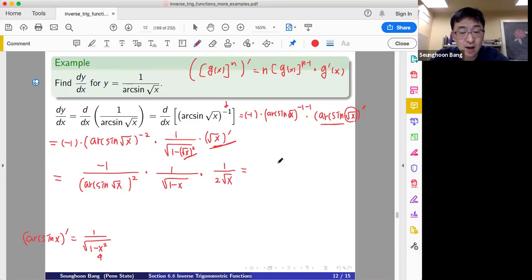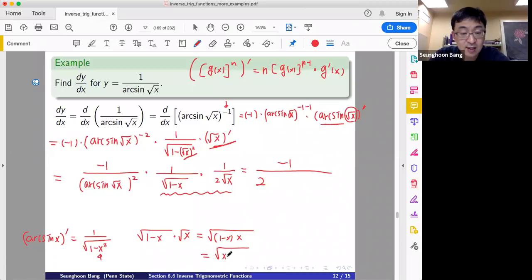So what's that? You can combine. The top is minus 1. We have 2 times the square root of 1 minus x times root x. You can split like this or combine. Either one is fine. I want to combine. This is the square root of 1 minus x times x, the square root of x minus x squared. We have the square root of x minus x squared times arcsine of root x squared. That's good. That's right.